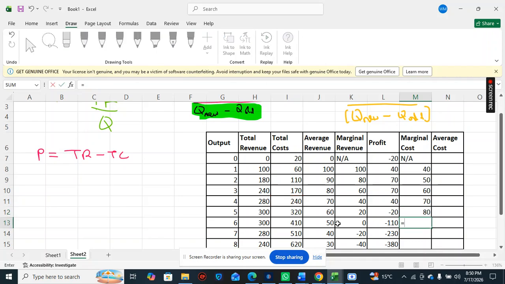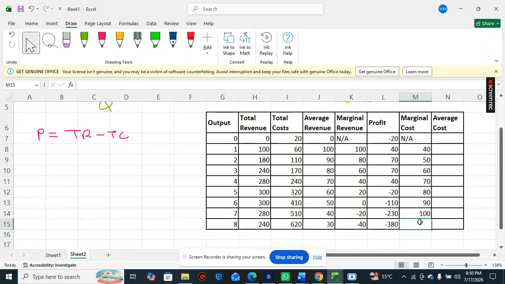When we produce 6 units, new total cost 410, old total cost 320. So this 6th unit is bringing an additional 90 kwacha cost. When we produce 7 units, new total cost is 510 minus old total cost 410. Then when we produce 8 units, our new total cost 620 minus old total cost 510, that is 110.